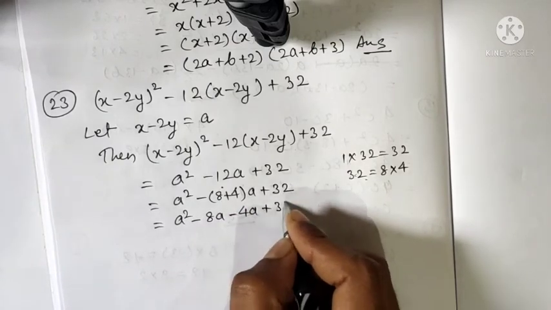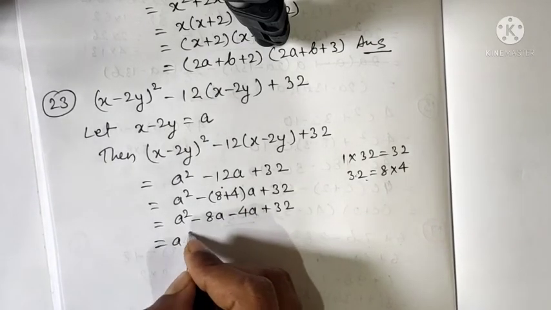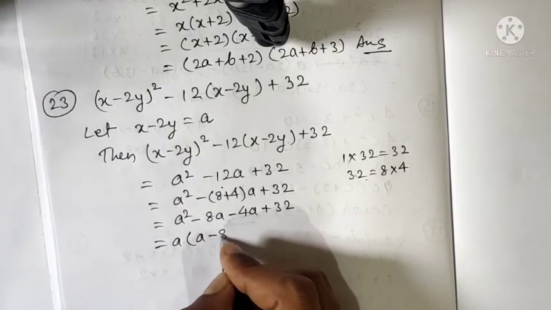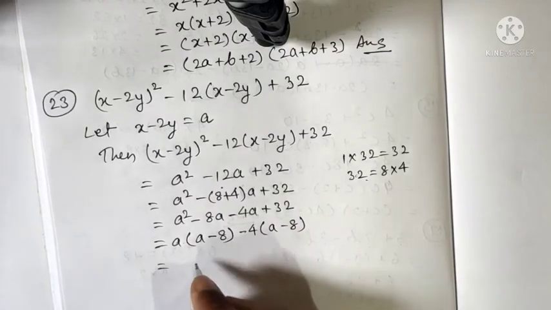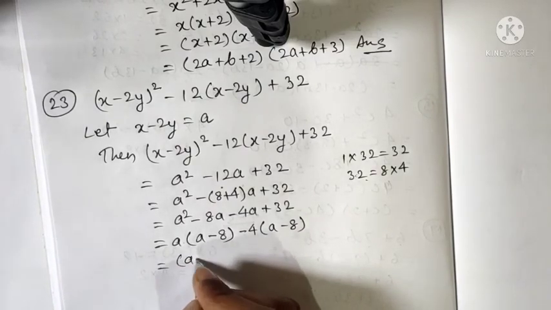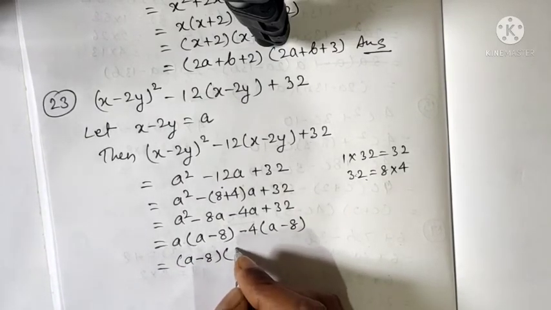Now take common a minus 8 and minus 4 into a minus 8, then the answer is a minus 8 into a minus 4.